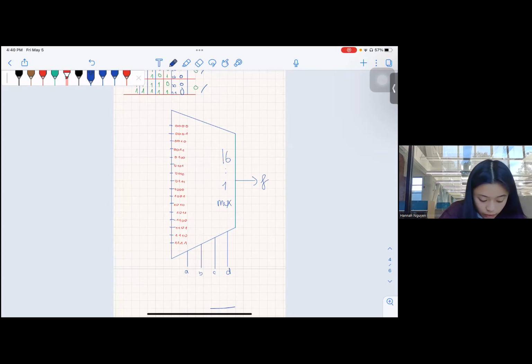Now that we have the function out, I can draw the logic for it. So for the first one, A, B, C, D is equal to 0, 0, 0, the input is going to be E. The second one is E negate.